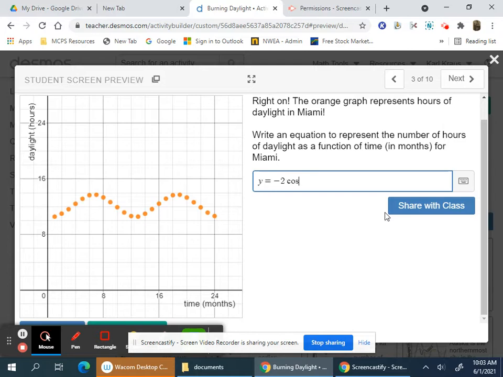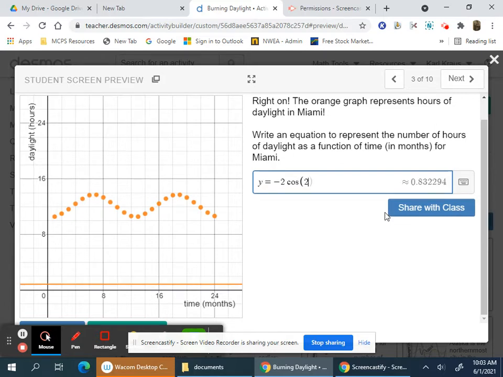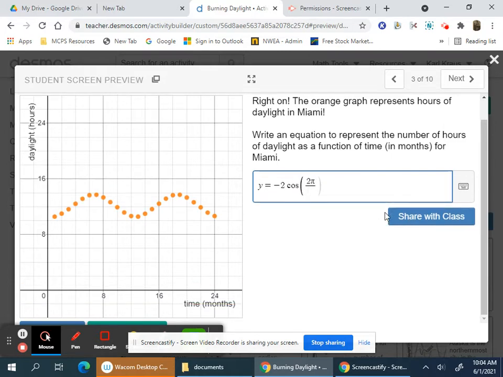Let's see what happens if I just do 2 pi divided by the period, which I said was about 13, times x, and my center line is about 12.